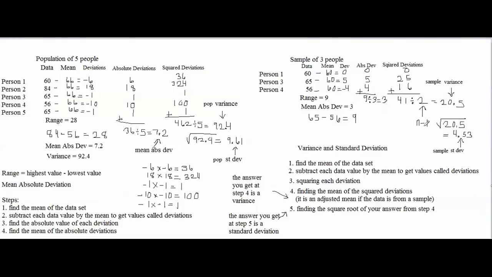Now let's talk about why there's this adjustment when you have data from a sample. When you calculate the variance or standard deviation to measure the spread of a sample, the goal is to get a rough idea or to estimate the spread of the entire population. In other words, the purpose of calculating the sample variance or sample standard deviation is to try to get a rough idea of what the population variance or population standard deviation equals.